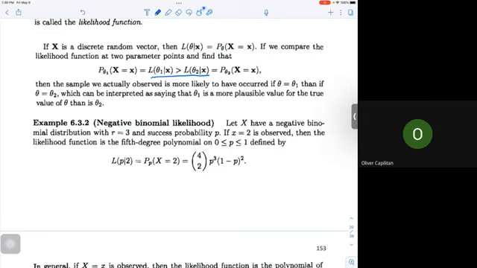So if small x equals 2 is observed, then the likelihood function is a fifth degree polynomial in p, where the value of p is between 0 and 1 inclusive, defined by this. This is our likelihood function. The varying expression here is the parameter p, and our observed sample is fixed, which is equal to 2.